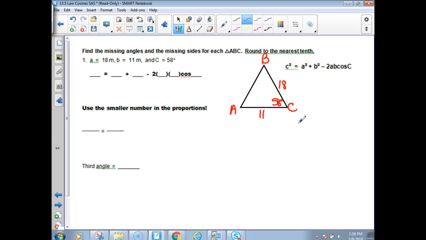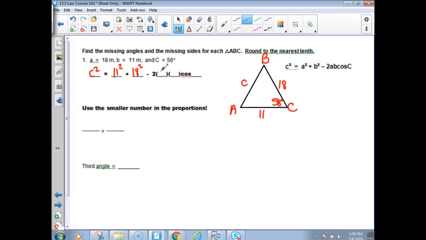And what will we be able to find using this data? You'd be able to find this angle, or the side, opposite the angle that's given. So it would be side C that we can find. So that's going to be C squared will equal, now here's how the formula goes. It says take the adjacent sides to the angle and square them and add them.